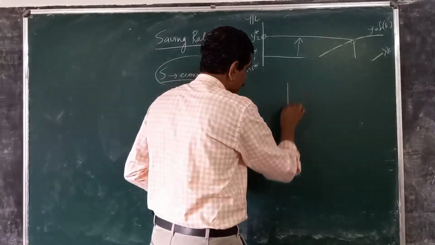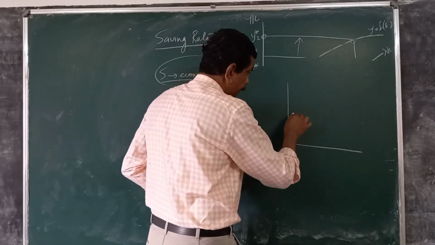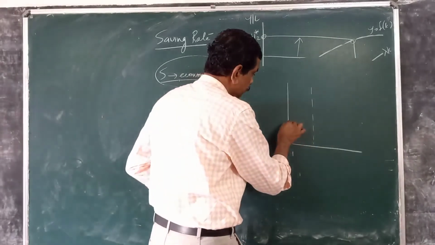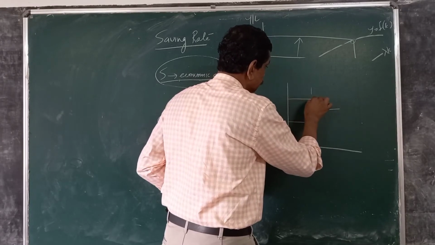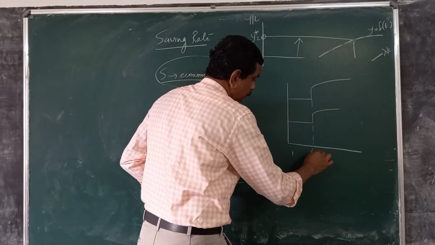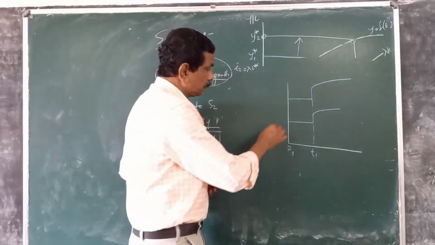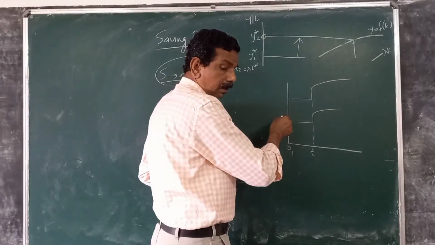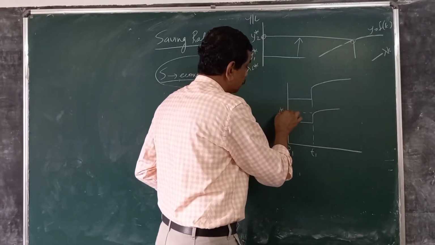Consider this. At t equal to t1, this is k star 1 and k star 2.